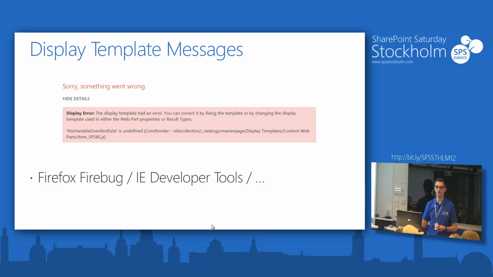So you directly know, okay, I'm using a variable that doesn't exist. If for some reason you don't get any message boxes like before in my demo, then you can debug it with Firebug or IE developer tools, Chrome tools, and so on to debug the JavaScript. You can do it line by line, and that's the ease of working with display templates, just JavaScript, so you have your browser tools to debug it.